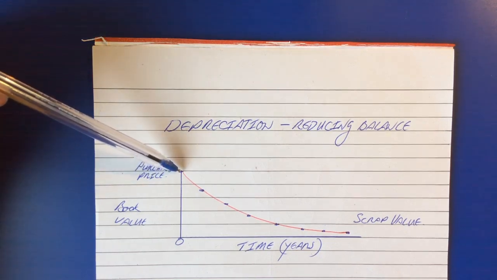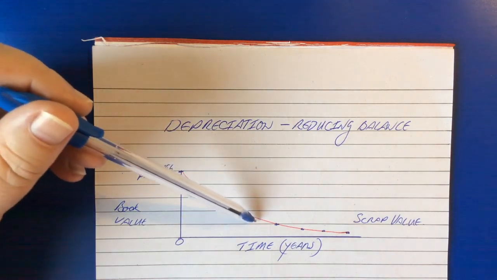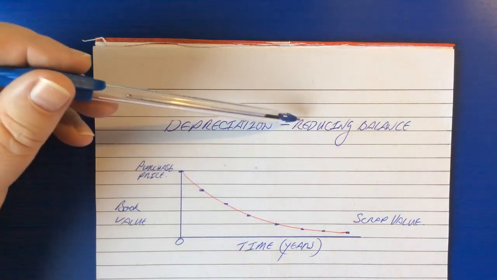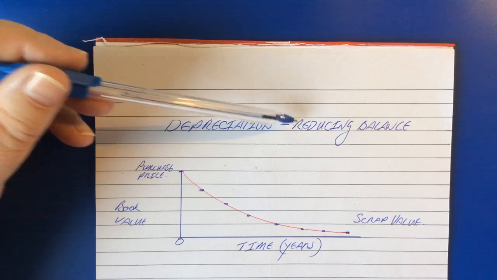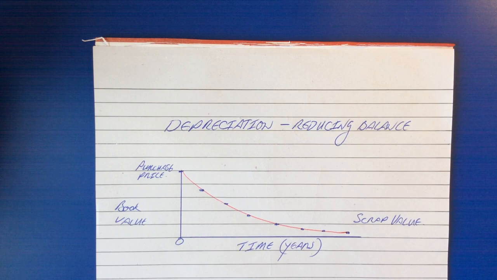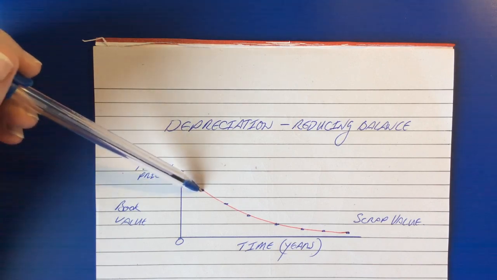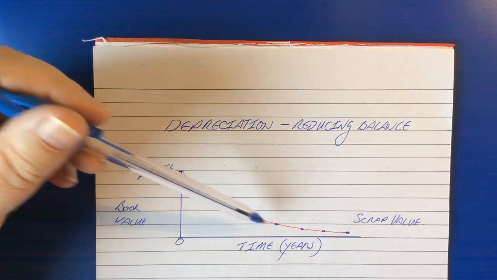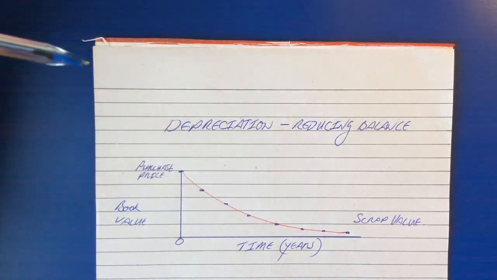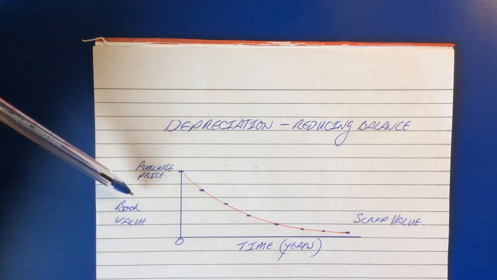So this is the graph of the value of an asset as it depreciates over time using the reducing balance method. And that method involves taking a percentage of the value of the asset at this time, this time, this time, this time, and so forth, and subtracting that from what we call the book value.